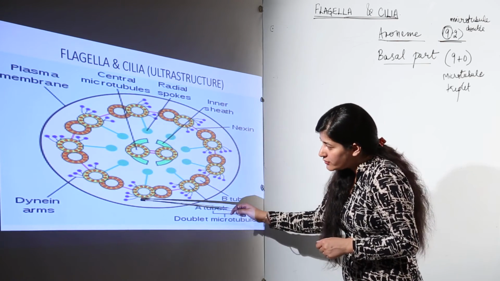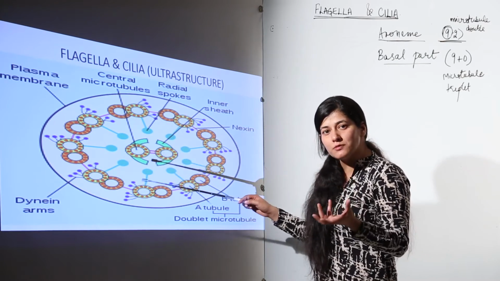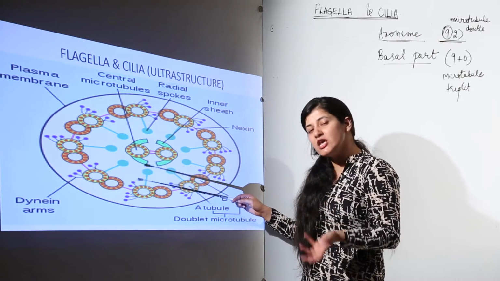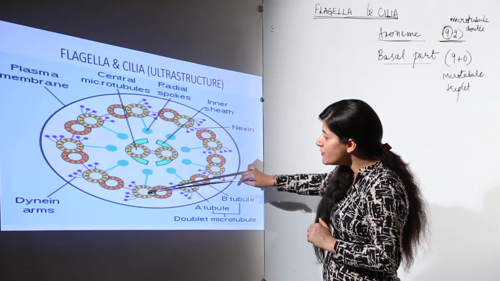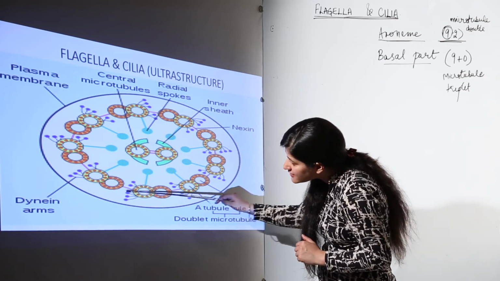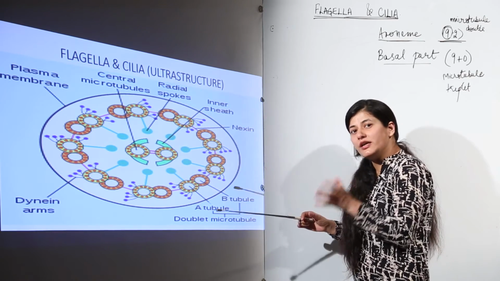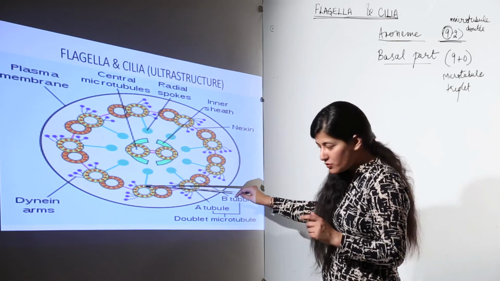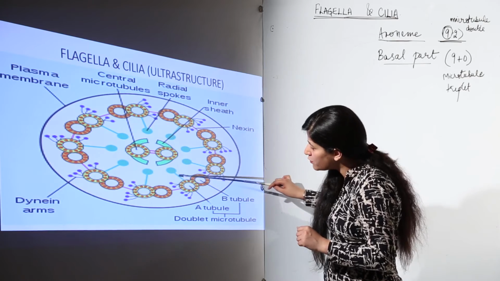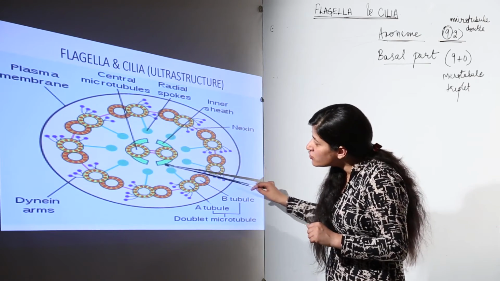From the A tubule extend the dynein arms. Dynein is a protein which is responsible for bringing about the movement which ultimately leads to cell movement by the agency of flagella and cilia. There are dynein arms, and there is nexin which joins each microtubule to the others so that there is a coordinated movement. Apart from that, the A tubule also extends a radial spoke which is in close contact with the central sheath.